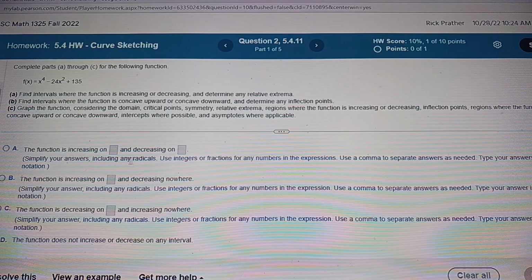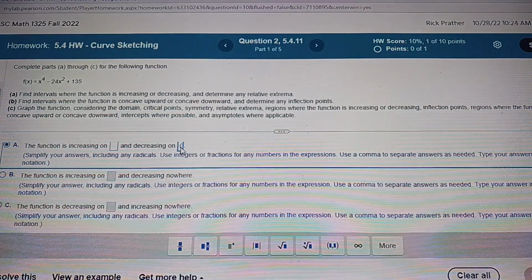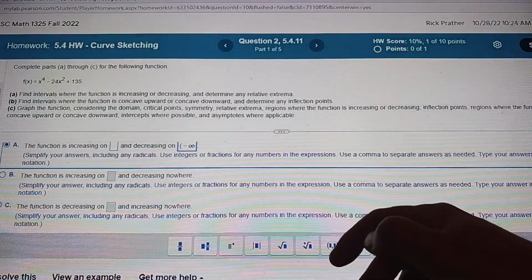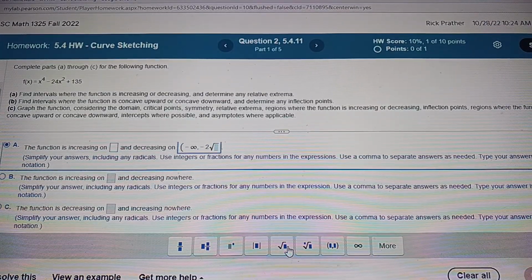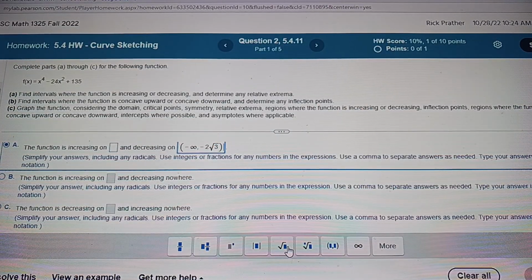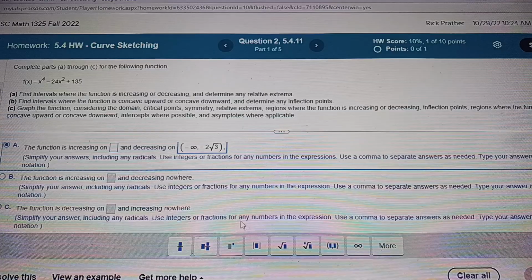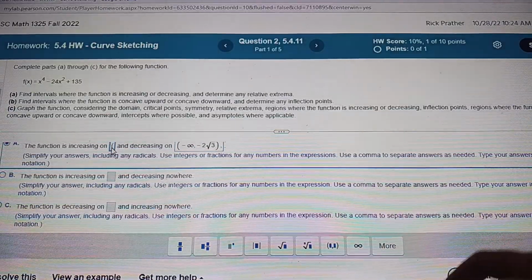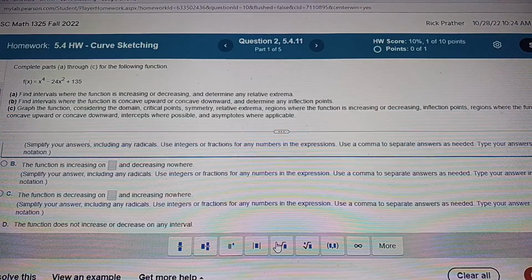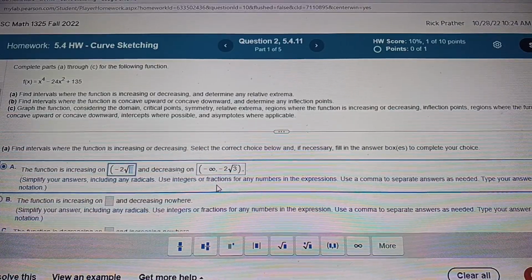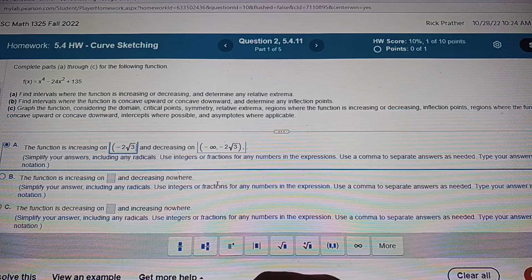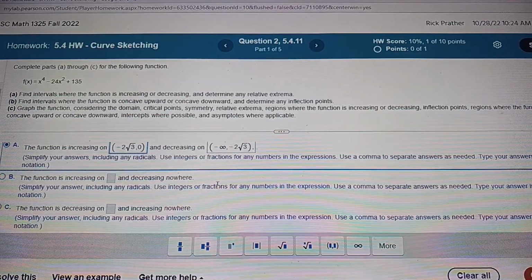So the function is increasing from, it was actually decreasing first, so let me put that one in first. -infinity until -2 square root of 3. Don't put 3.5 there. And then it picked up and started increasing after that. 2 square root of 3, all the way till 0, it was increasing.